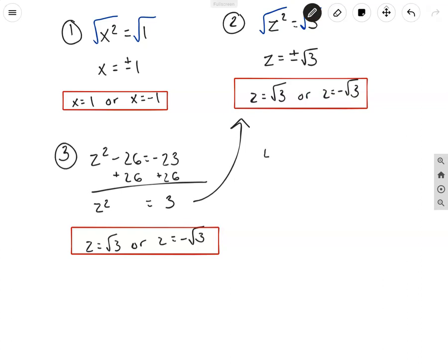Now number 4 is going to be a unique type of problem. We're going to do the exact same thing we did in number 3 in the beginning, because again, it has two terms on the left-hand side. It has an additional term next to the variable.